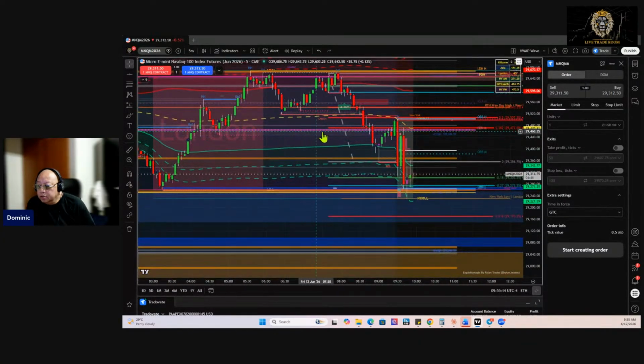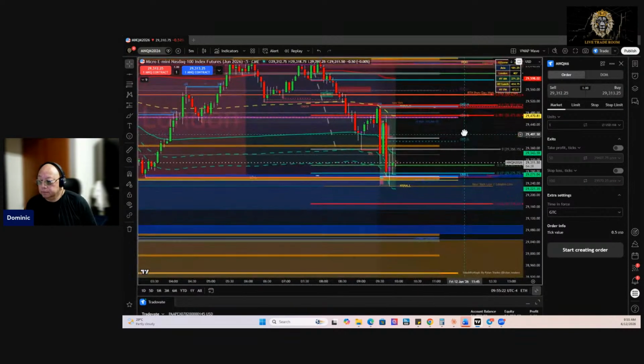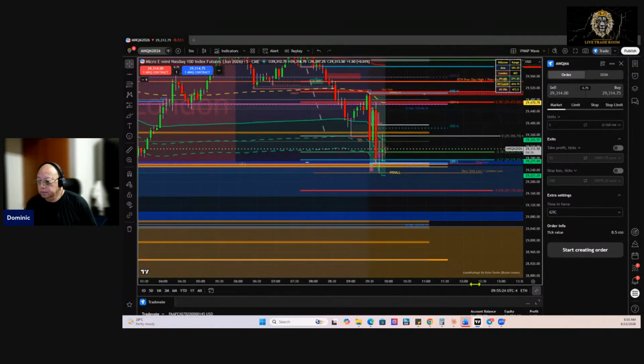Here's the Asian low, with the Asian break as manipulation.